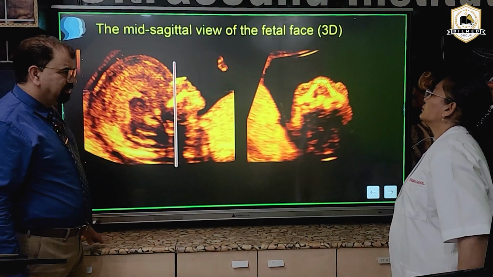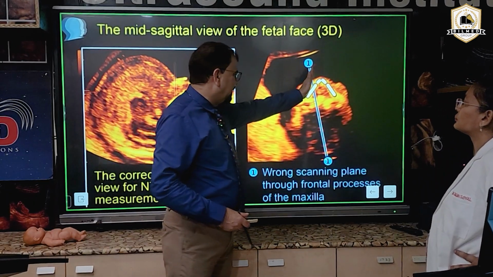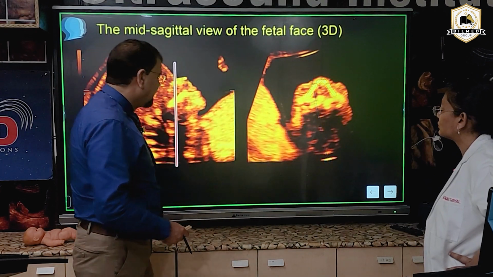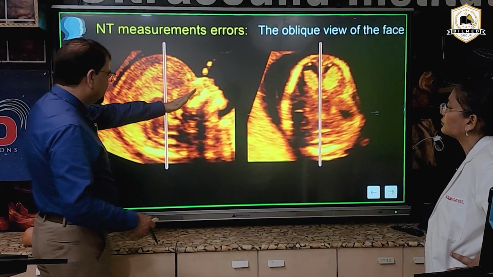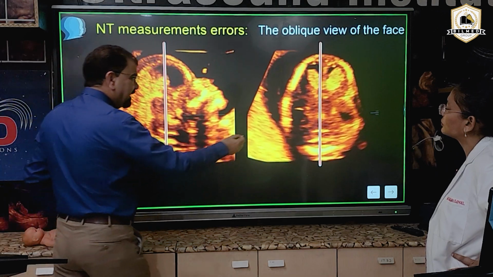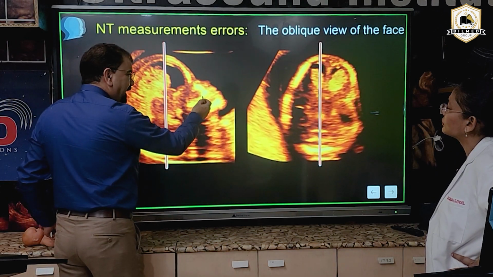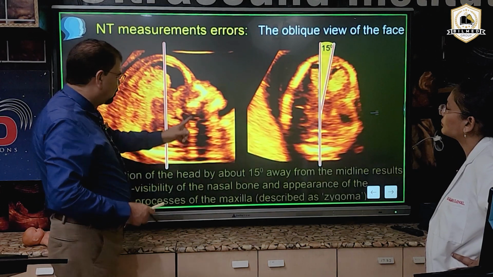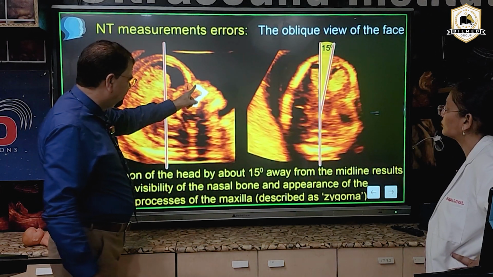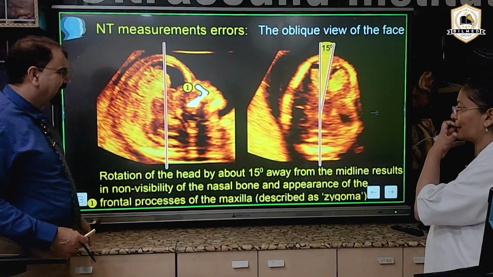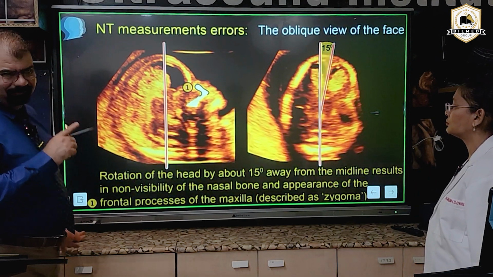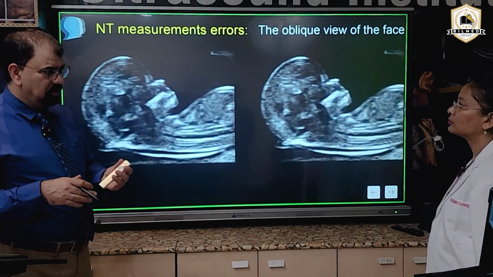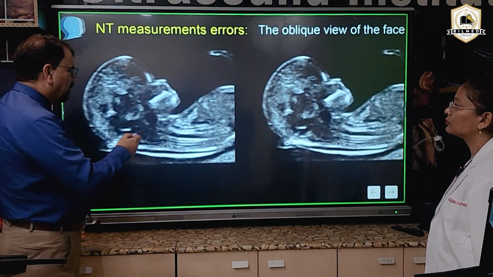Try to understand, if your beam is not cutting centrally, but slightly obliquely, that will be a wrong plane. If it is in the center, you will see only the palate. But if it is cutting through the frontal process, you will see the zygoma over here. So if you see a hockey-like structure, you are in the wrong plane, and whatever NT you measure may not be accurate.